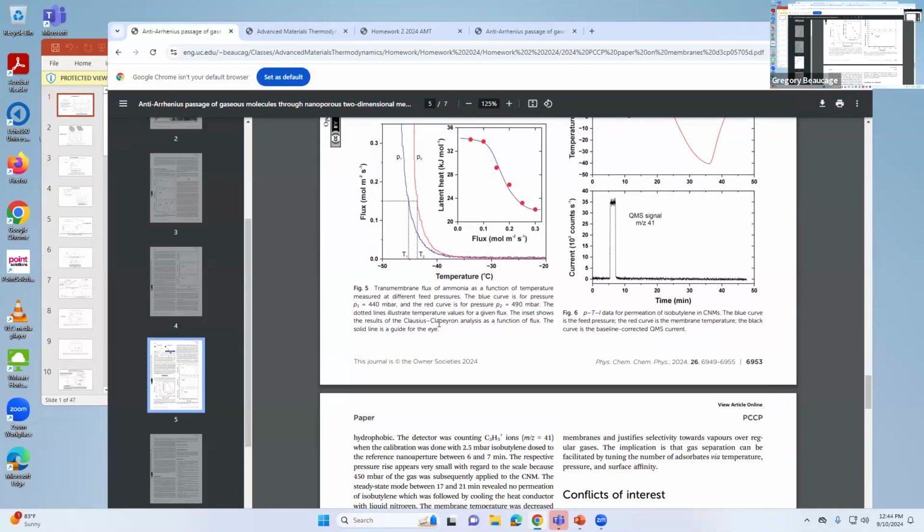The inset shows the result as a function of flux. The solid line is a guide to the eye. So he hasn't bothered to use the BET equation. You could use the BET model of absorption to fit that curve. If he really had a deep enough bag of tricks, he would have reached for the two equations to talk about this phenomenon, which is basically either the Langmuir model or the BET model.